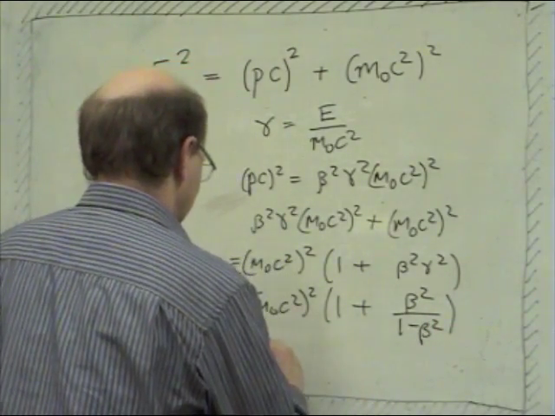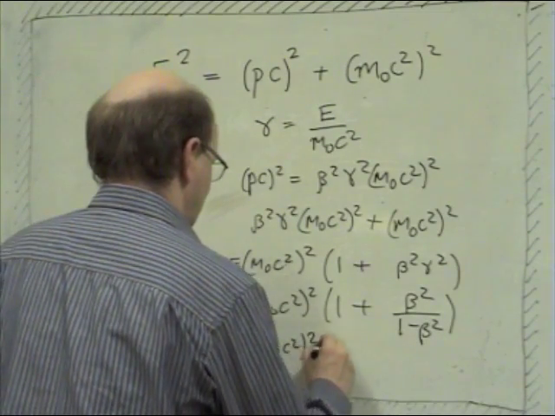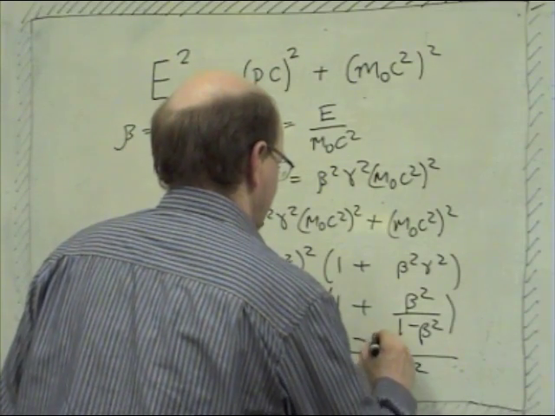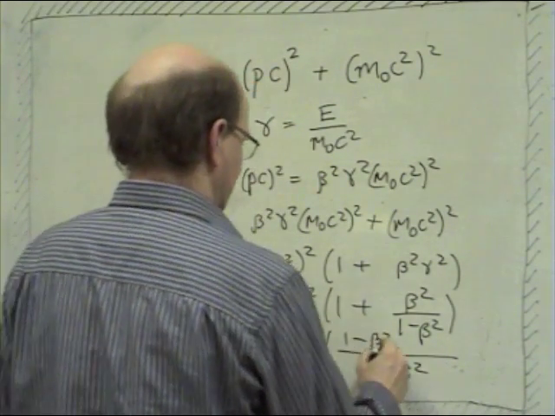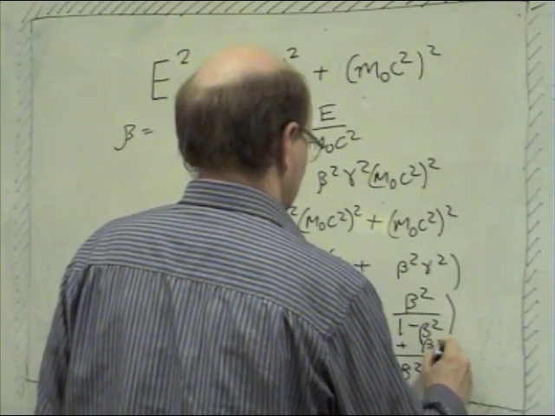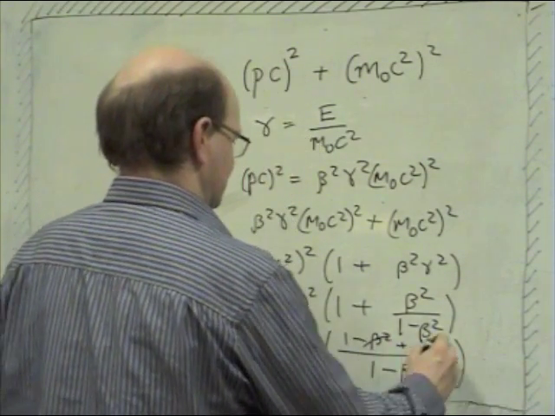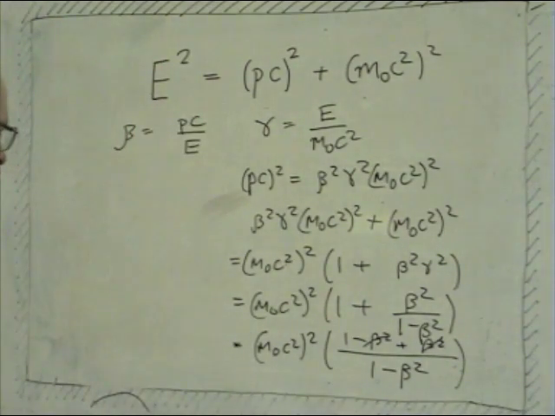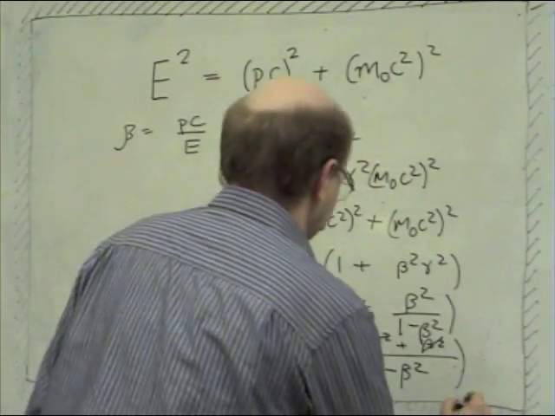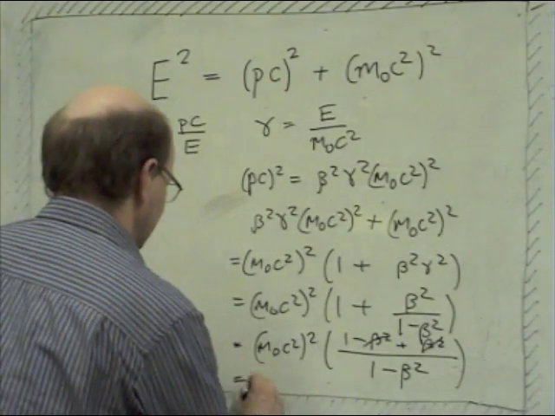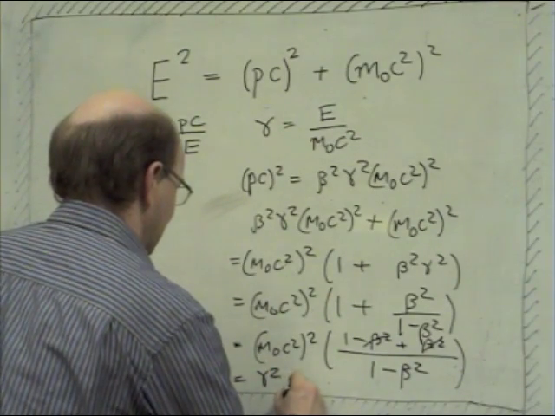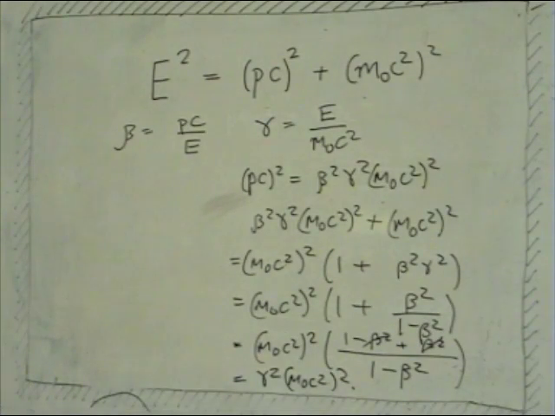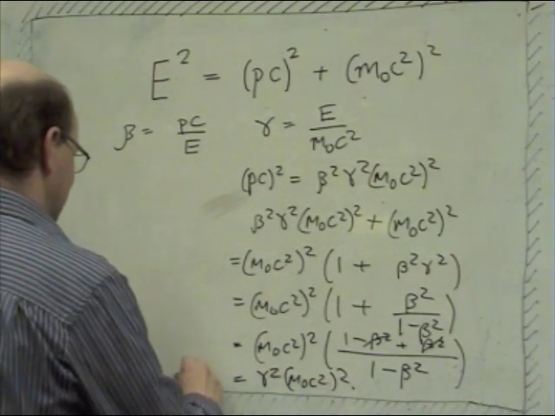So this expression in the brackets can be manipulated. Putting everything over a common denominator of 1 minus beta squared, it can be turned into 1 minus beta squared plus beta squared, all over 1 minus beta squared. Then the beta squareds cancel, and the thing in brackets is just 1 over 1 minus beta squared, which is the same thing as gamma squared. So this quantity here is gamma squared m naught c squared all squared. But that's just the square of the total energy.